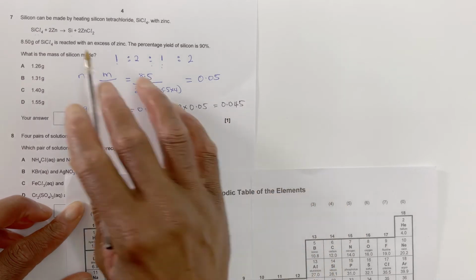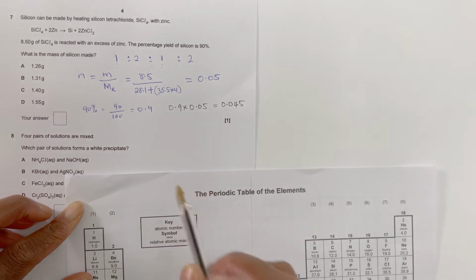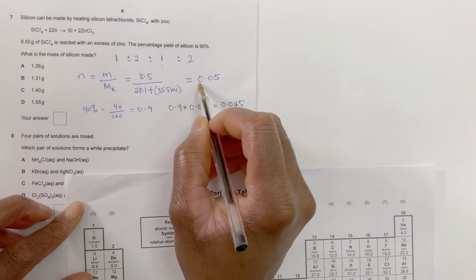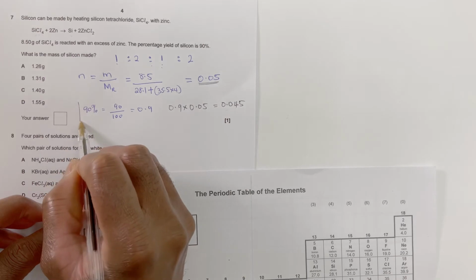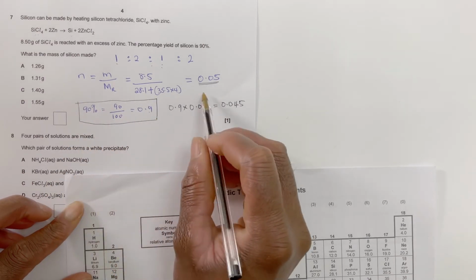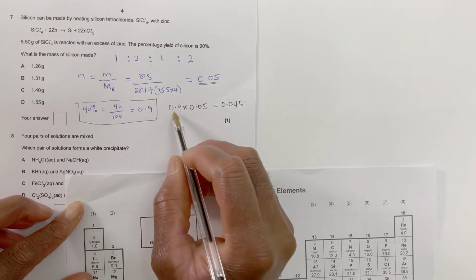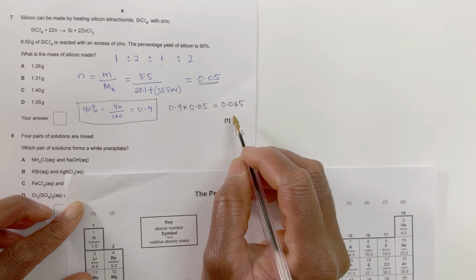That's the moles of silicon at 90%. This is the moles of silicon at 100%, so you times that by 0.9 to get the moles at 90%.